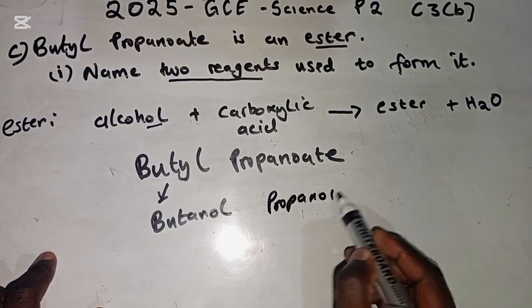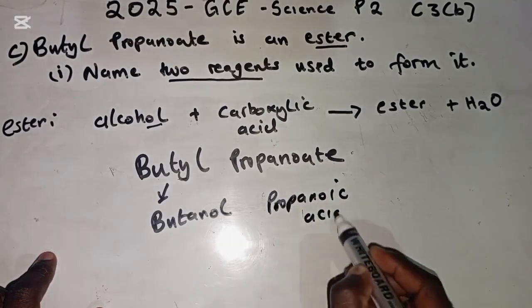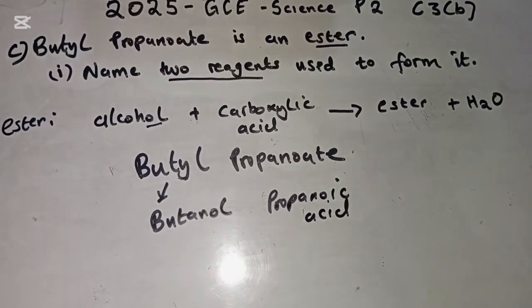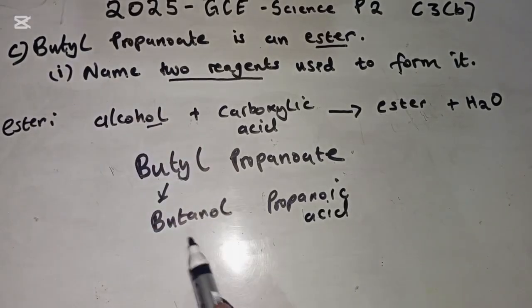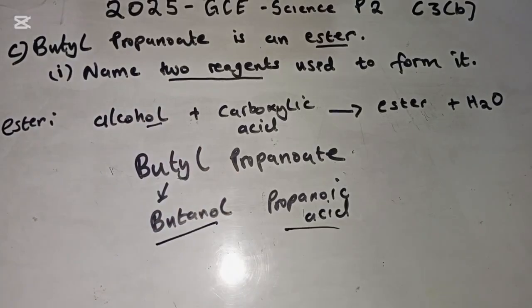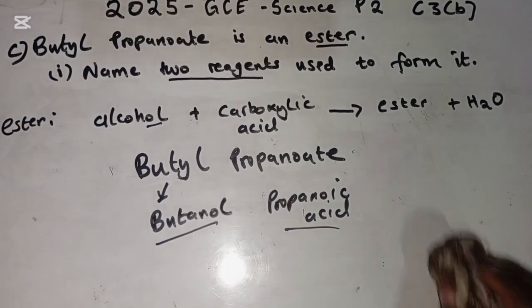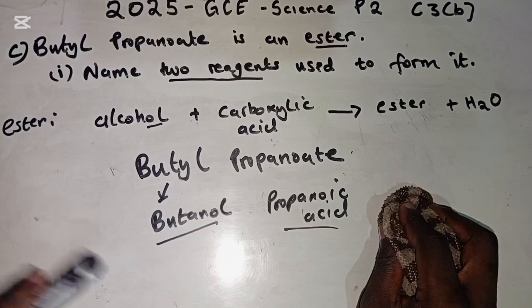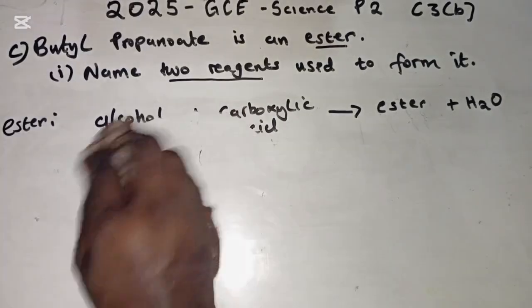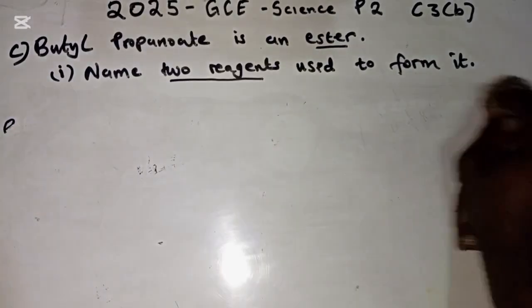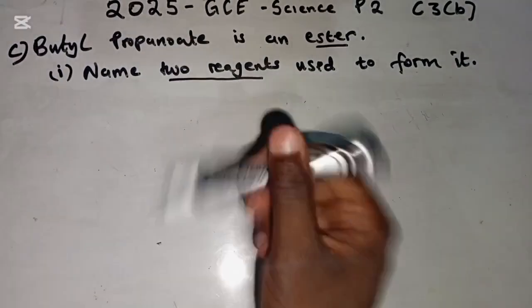Propanoic acid. So the two reagents were butanol and propanoic acid. Nice and easy. Let us illustrate this: butanol as well as propanoic acid.